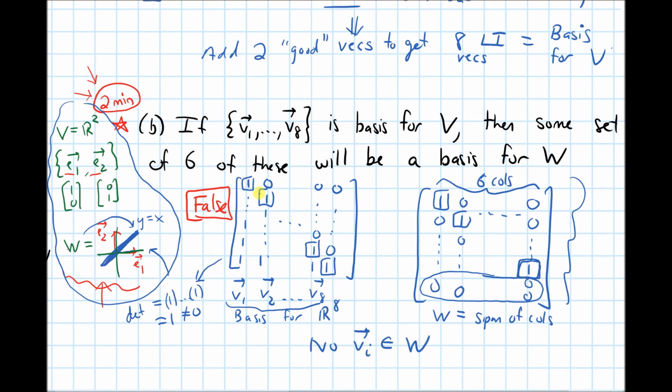But none of the vi's have that property. The bottom two entries in all of these vectors are always non-zero. So as a result, if I try to remove two of them, it's definitely not going to be a basis for W, because when I remove two of them, I'll end up with vectors that are all not in W.